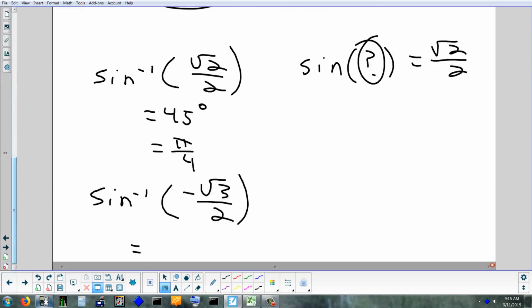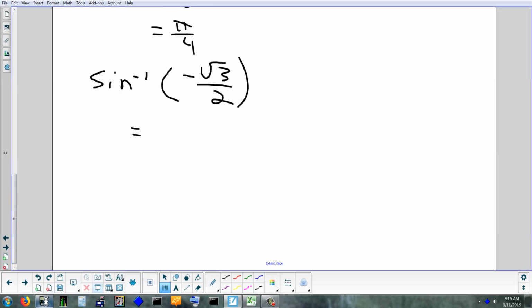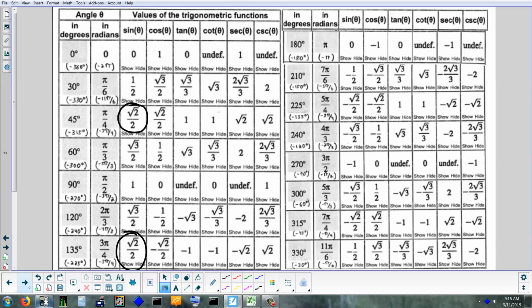Okay, let's try one more with inverse sine, and then we'll move on to inverse cosine. Inverse sine of negative root 3 over 2. That negative is important, so make sure you don't accidentally look up the positive. Okay, so we're looking for negative root 3 over 2.